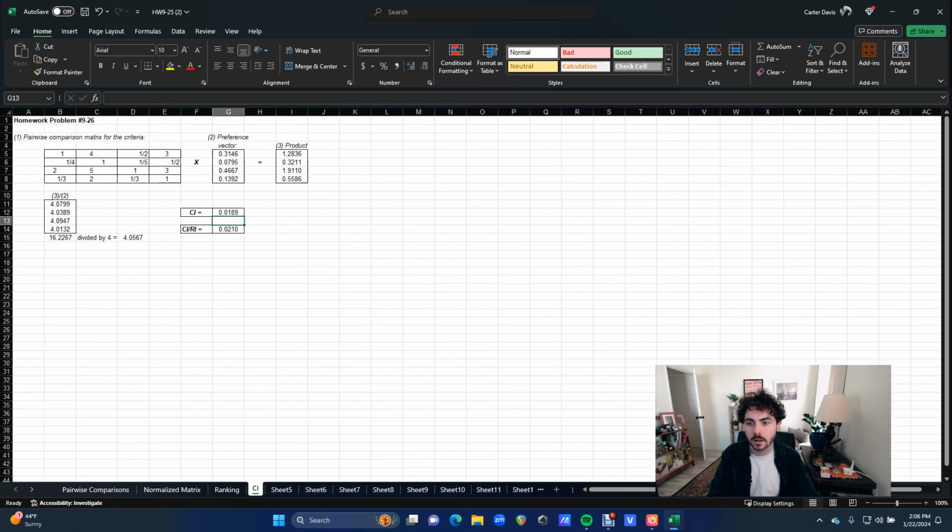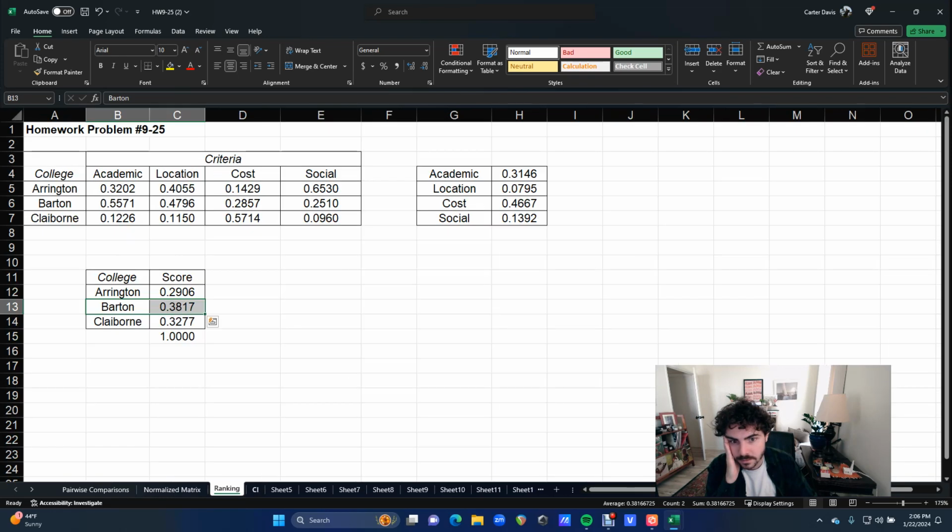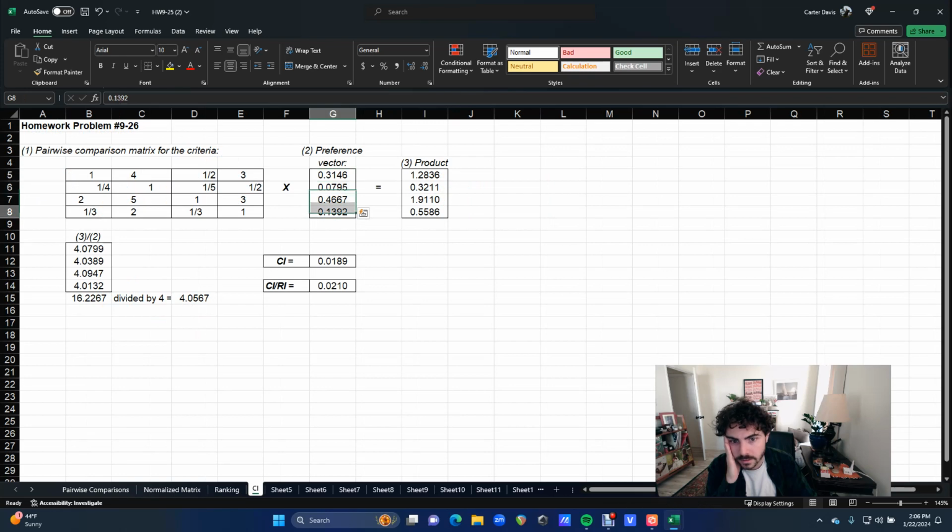Okay. I'll try to ramble on what I know about CI. I've already forgotten what it stands for, so maybe I won't go into it, but let's see. Looks like they're just multiplying this matrix times this preference vector. I think that's that, yeah. And they're getting these values. Okay. And then 3 divided by 2. Is that legit?